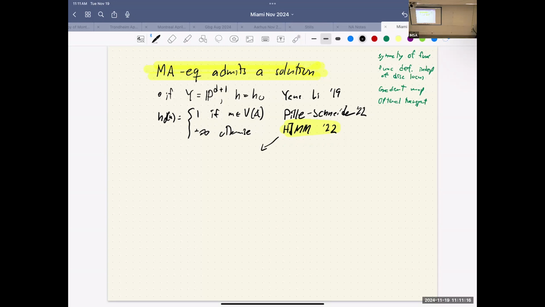So the solution psi minimizes a certain functional, which is given by integrating over the boundary of the moment polytope and the boundary of this dual polytope.